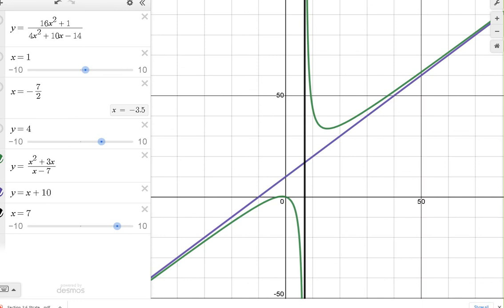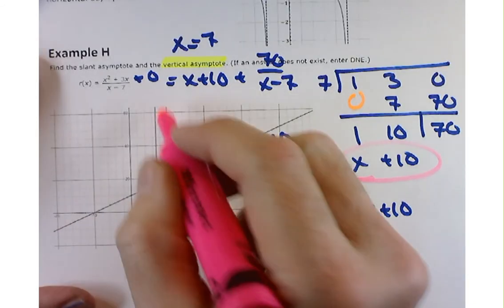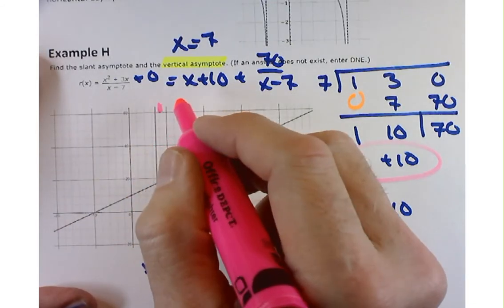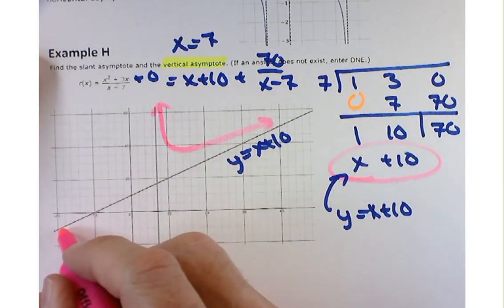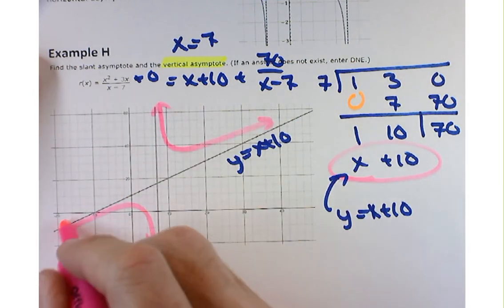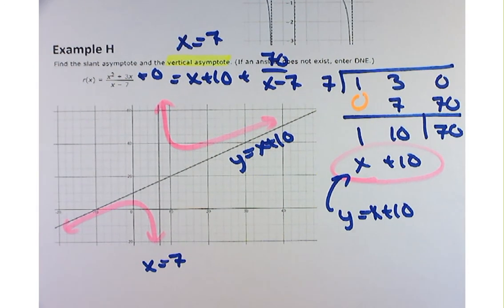You can actually plot a point or two if you want, just to make sure you've got a decent looking graph. But something like that, and something like that. All right. Mostly what I want you to be able to get are the horizontal and oblique asymptotes.